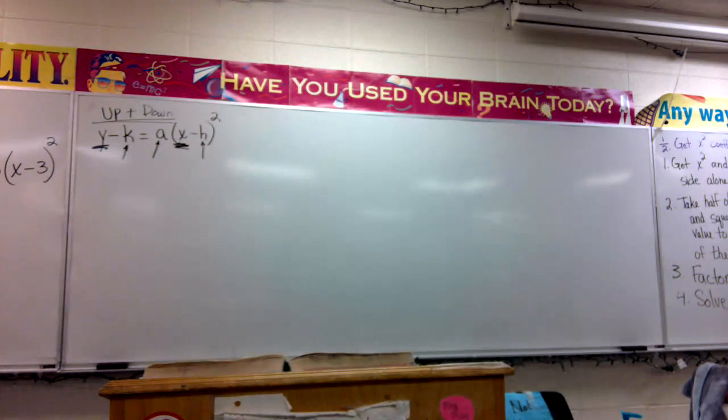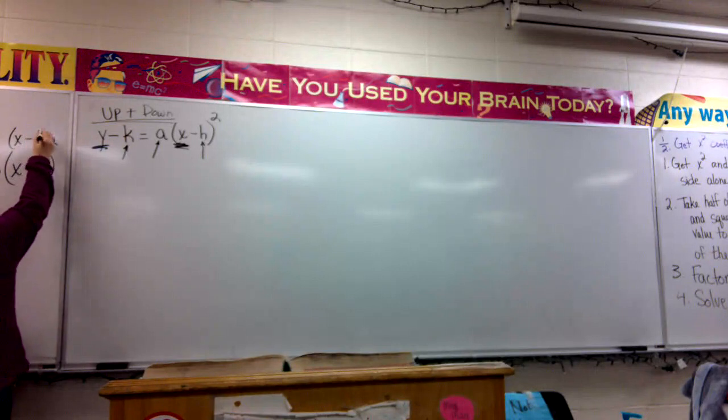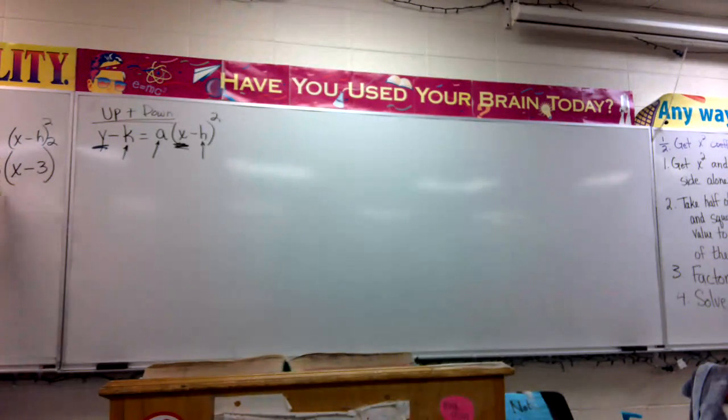That's it, right? Every single one of these up and down parabolas will have the x stuff squared. Those values in the equation tell us things about the parabola. The a value is right here. The a value is important because it tells us if the parabola opens up or down.